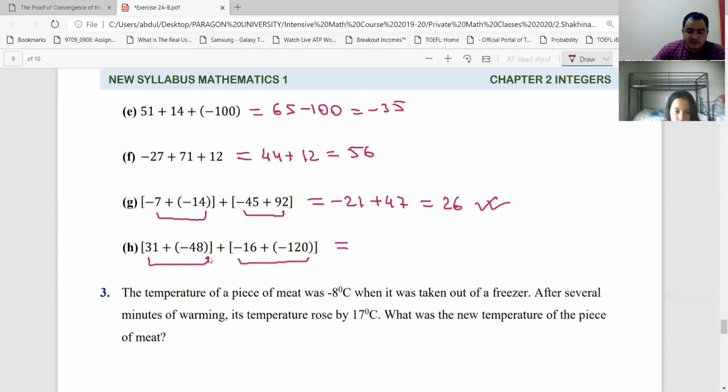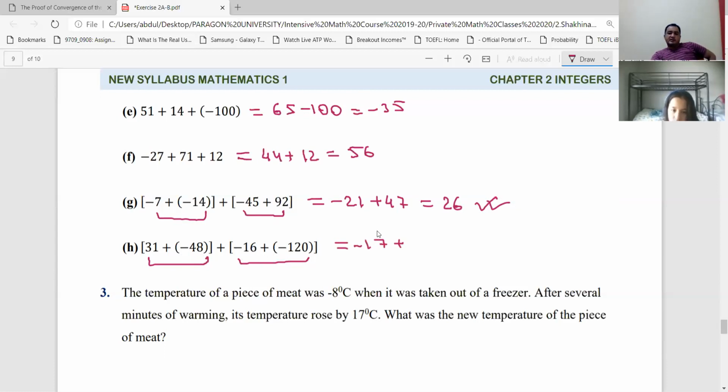31 plus negative 48. What is it? 31 plus negative 48 equals negative 17. Negative 17, that's correct. Plus, how about this?